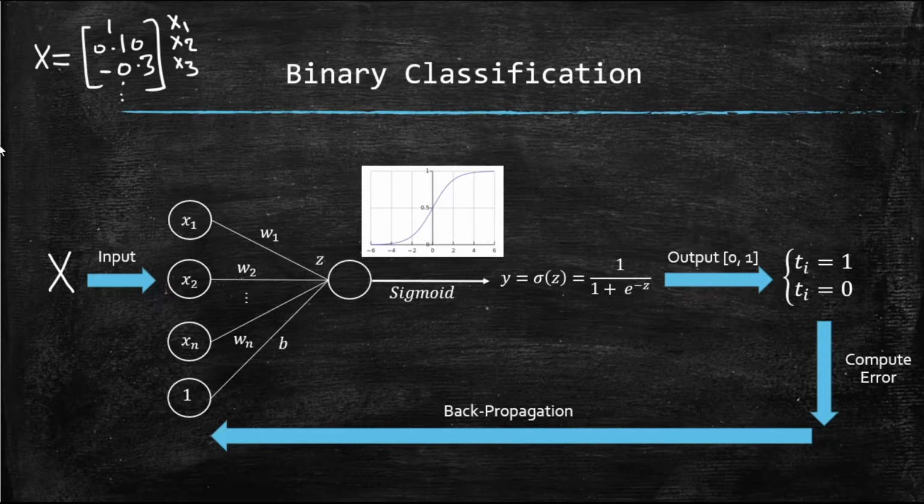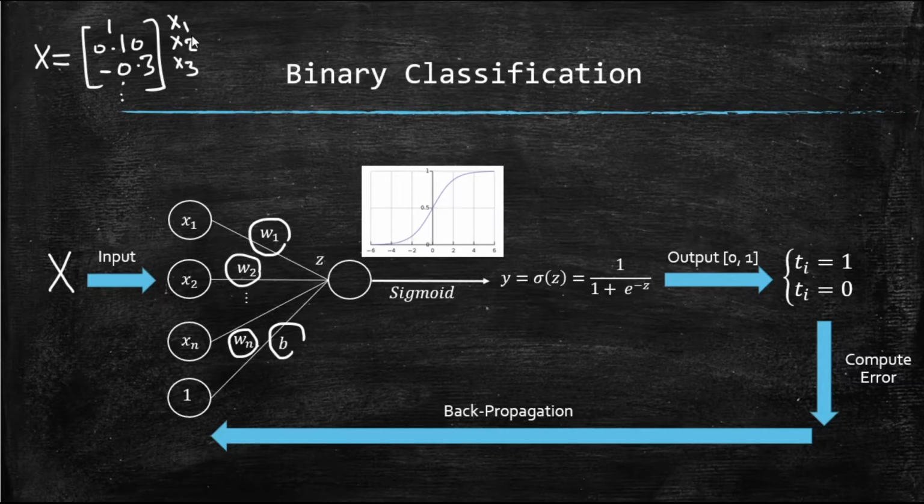The whole story behind this neural network system is that the input comes in, and some weights will be multiplied by these inputs. So W1 will be multiplied by X1, plus W2 multiplied by X2, all the way until Wn multiplied by Xn, plus b multiplied by 1.